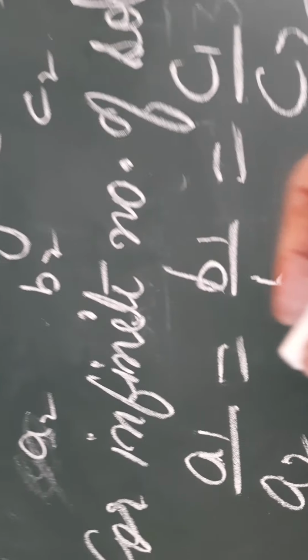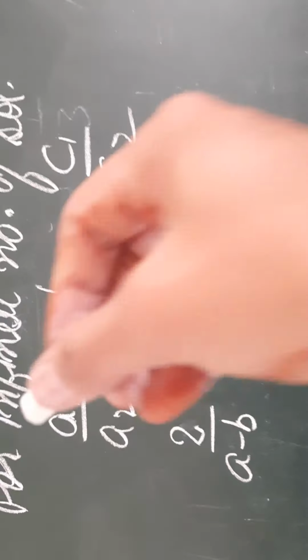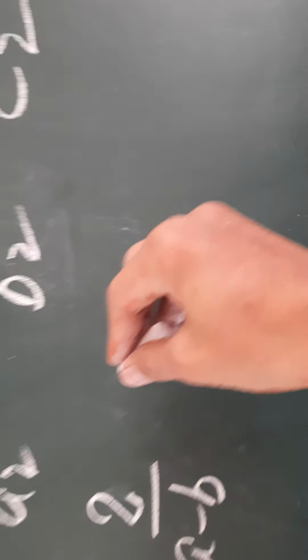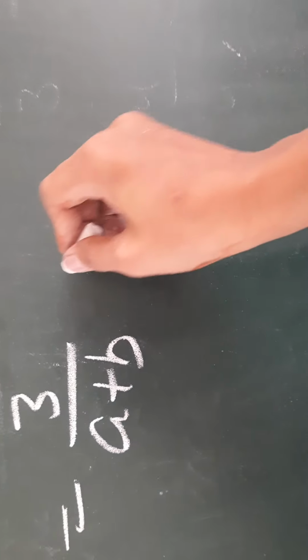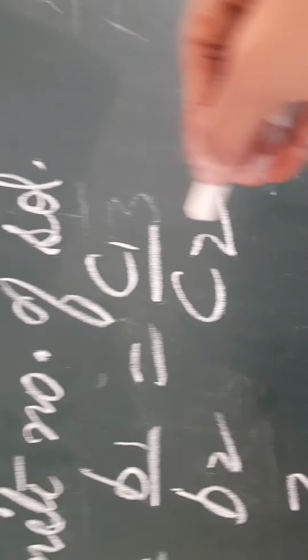2 by (a minus b), 2 by (a minus b), right? Now this is equal to b1 by b2, where b1 is 3, by (a plus b), like this. Then it is equal to c1 by c2.